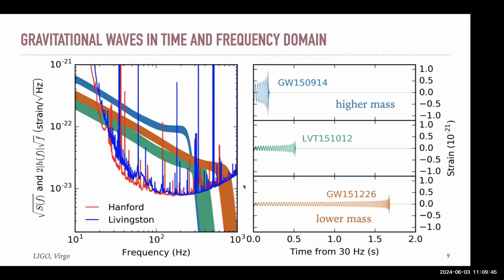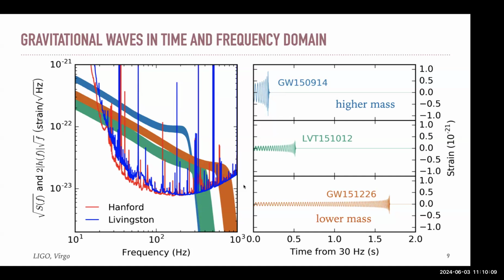That is the sensitivity of Livingston and Hanford. So qualitatively speaking, if the signal is above that noise curve, it can be seen, and if it's below that noise curve, it can't really be seen. And then each of these events is shown over there in the same color as to what that gravitational wave looks like in the frequency domain.